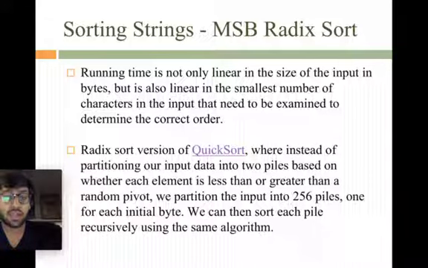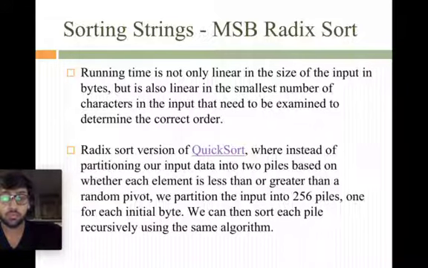Ultimately, I'll be moving the zero's and the one's boundaries towards the center of the array. All elements left of the zero's boundary will have the most significant bit as 0, and all elements to the right of the one's boundary will have the most significant bit as 1. We continue this till the zero and one boundaries coincide.